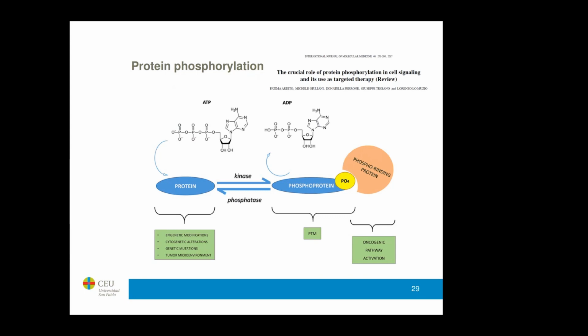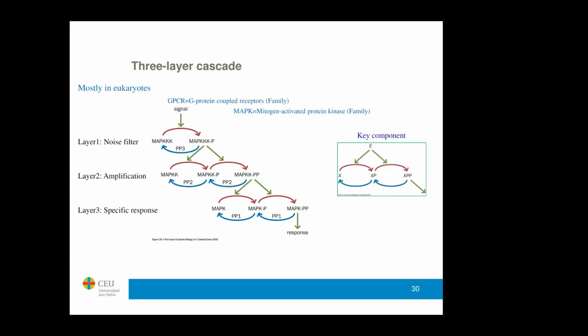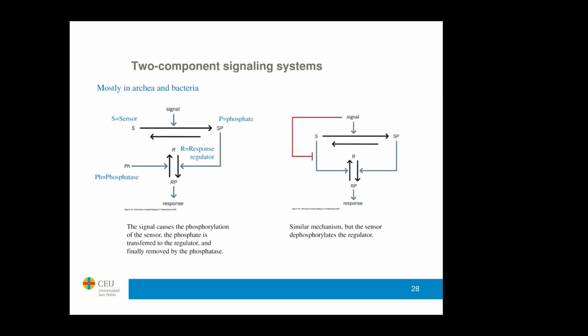So this is the phosphorylation process, and many signaling pathways are regulated by phosphorylation. And this was mostly for archaea and bacteria, which doesn't mean that it is only them. They tend to use this kind of circuit to sense the biochemical environment.